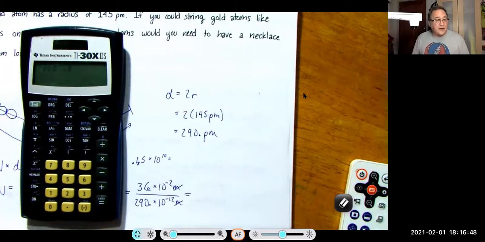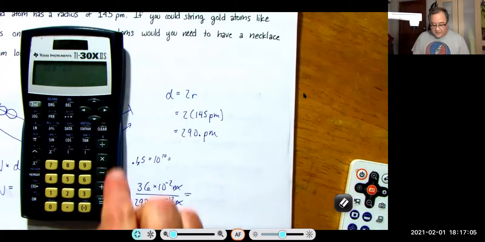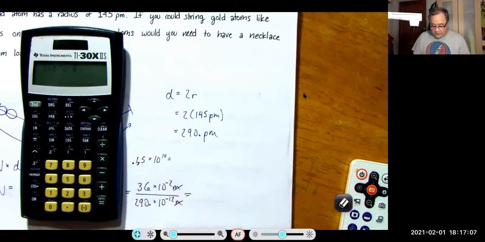Now, what's really neat about using that EE button is that your calculator is putting parentheses around the whole thing. And that's what you want. So that's really parentheses 36 times 10 to the minus 2 end parentheses. Now I'm going to divide by 290 second EE -12. And again, there's parentheses around that.